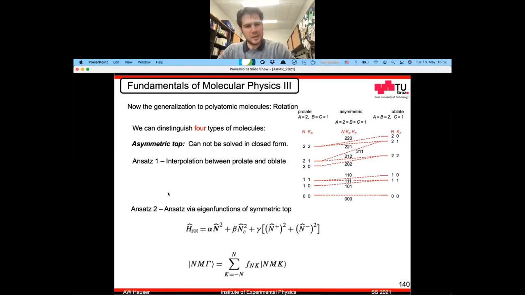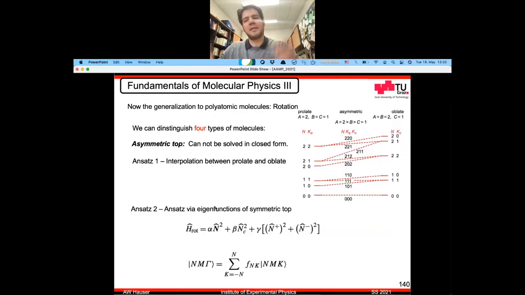You can also do it in a more rigorous way by trying to solve this via a set of eigenfunctions of the symmetric top. So you make a linear combination of eigenfunctions that you gain from the symmetric top for prolate and oblate, and try to diagonalize the rotational Hamiltonian in these bases.